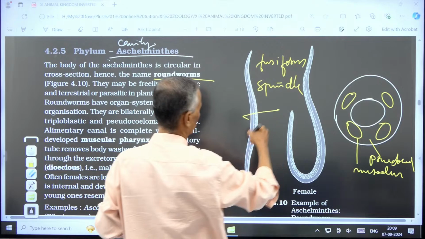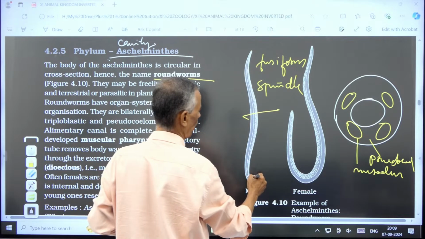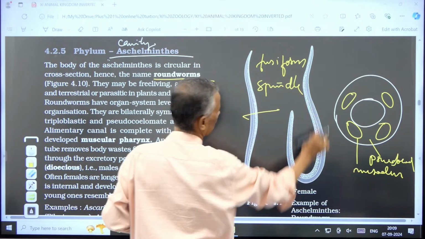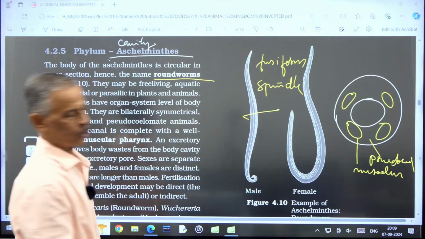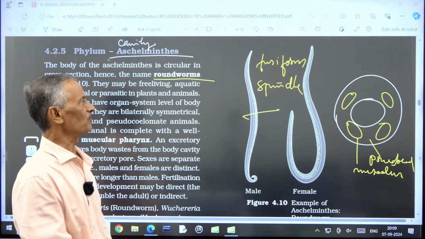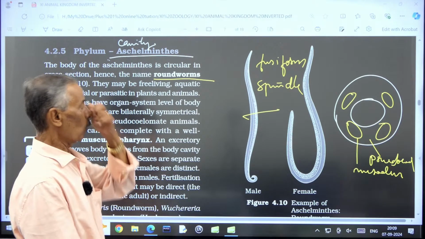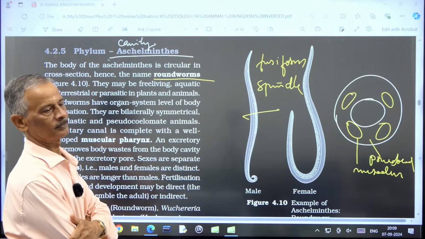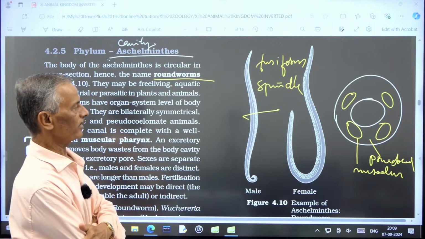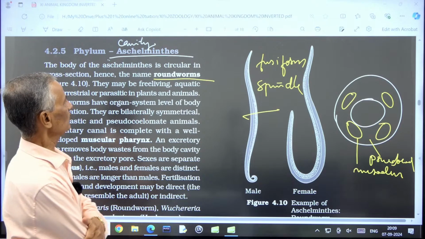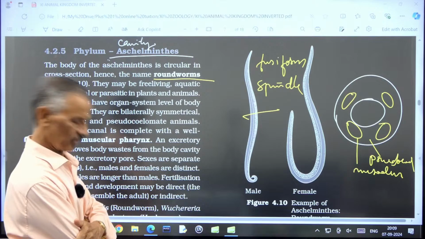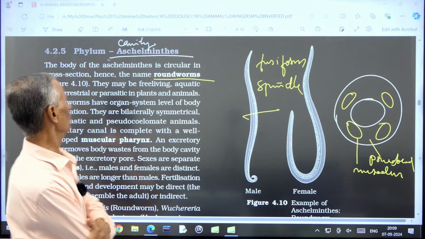What is a spindle shape? Both ends pointed, middle part broader. Such a shape is called spindle shape or fusiform. Only when you take a cross section, it is round in outline, hence called roundworm.